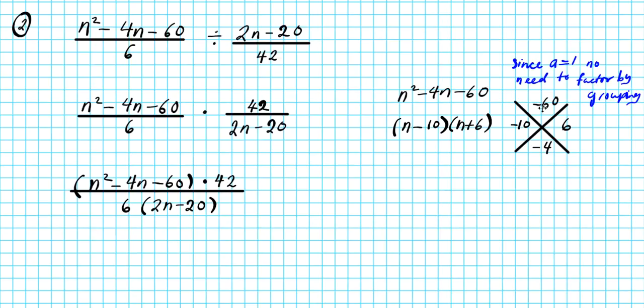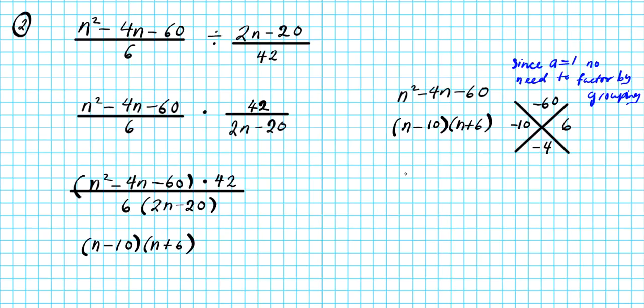Now, if you were not aware of the fact that a is equal to 1 and you proceeded to factor by grouping, you will still end up with the same result, but it just takes more time. So here we have this quadratic trinomial in its factored state: n minus 10 times n plus 6.